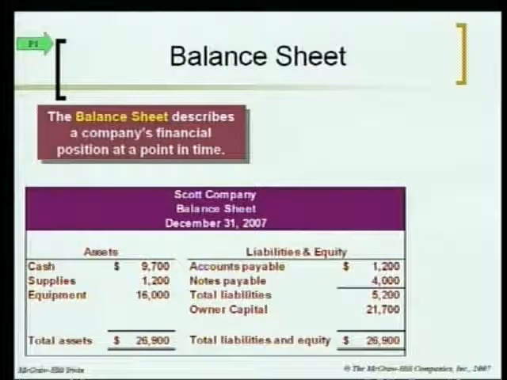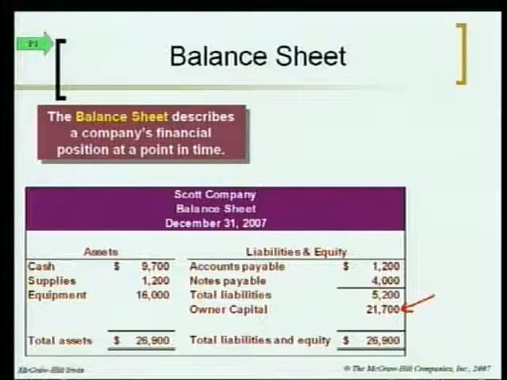Okay? Now, there is that owner's capital of 21.7 right there, right? So you can see why we have to prepare this one after we do the statement of equity, correct? Now, the balance sheet shows a company's financial position at a point in time.